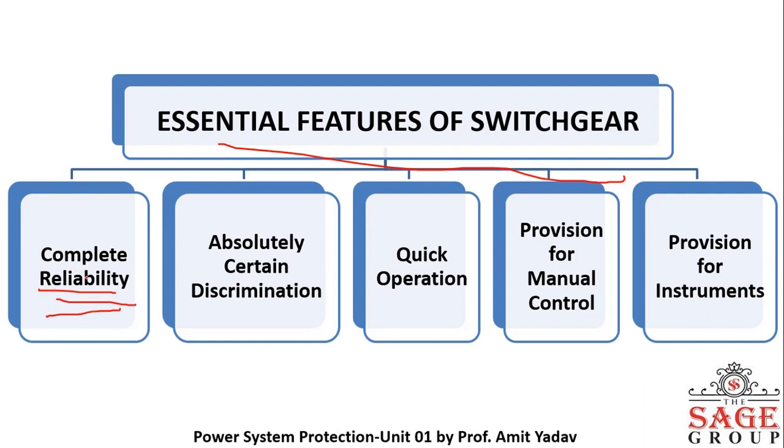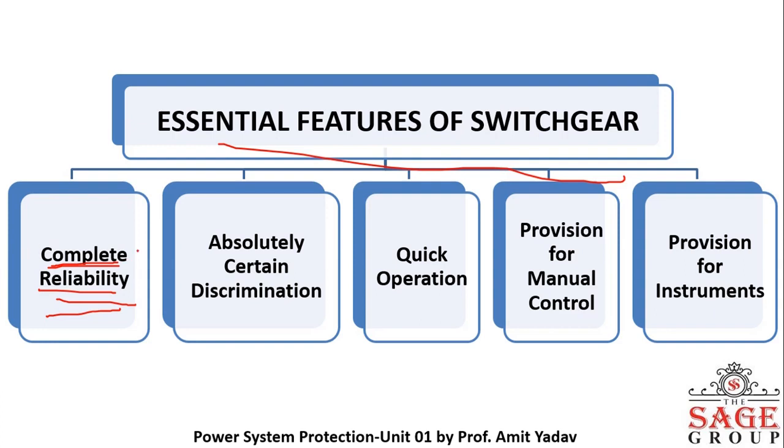If, due to continuous operation, the switchgear gives us the same performance again and again when a fault occurs, then we can say that the switchgear is totally reliable. This is a very important feature of switchgear.